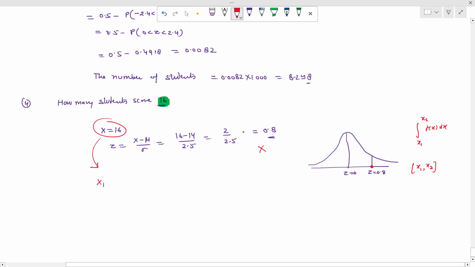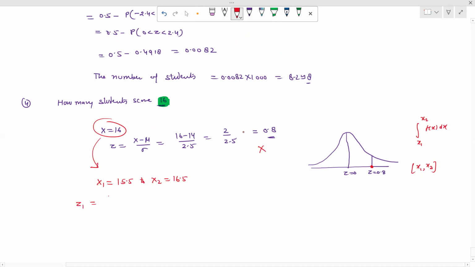We take this interval x1 as 15.5 to x2 equal to 16.5. Okay, so we write down the values of z.